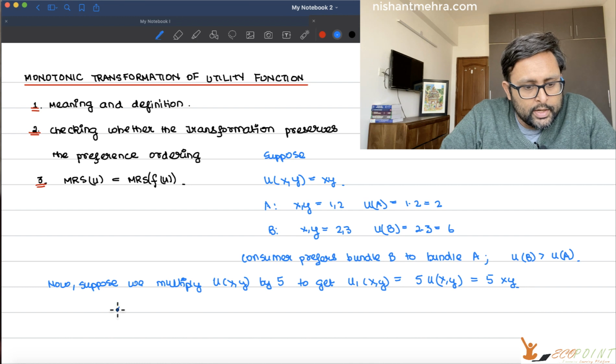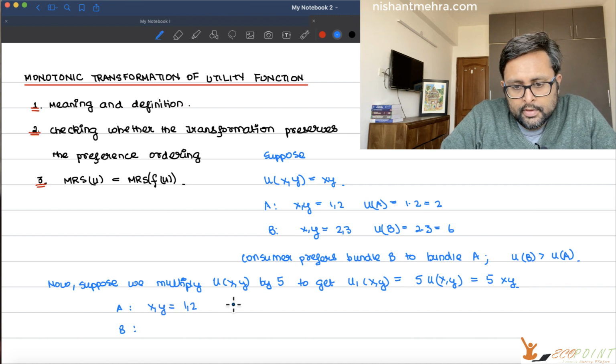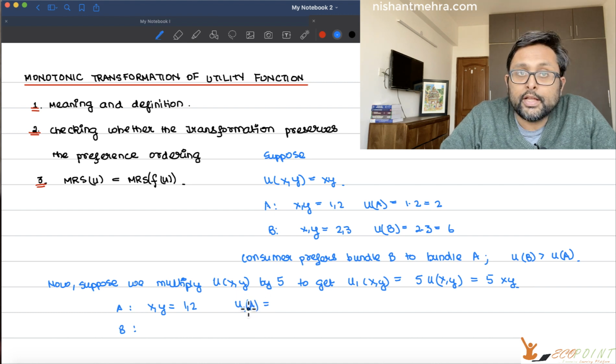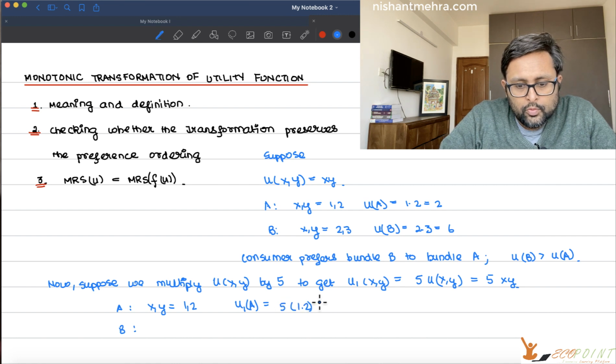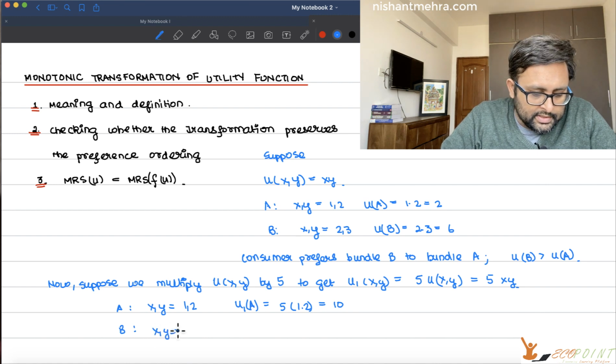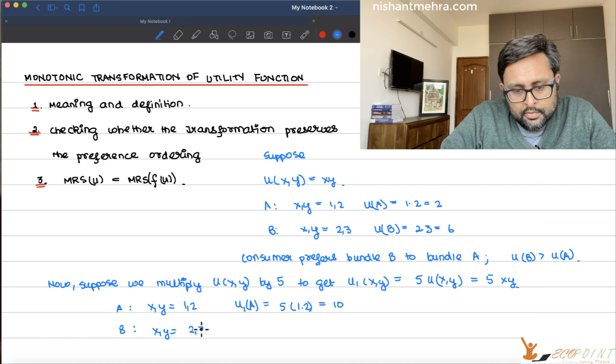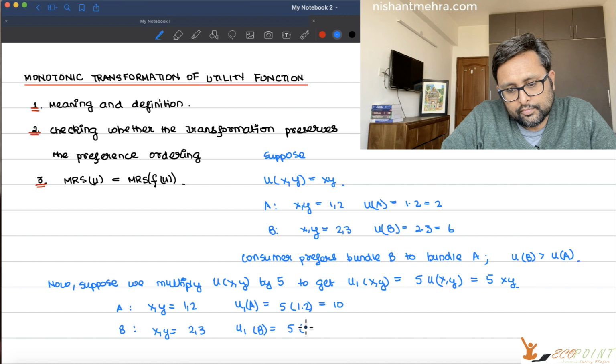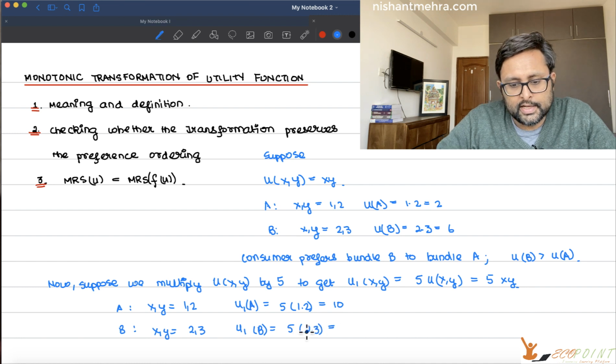Now again let us see what are the utilities which we are getting at bundle A and bundle B. So bundle A was (1, 2), and the transformed utility which you're getting from bundle A is 5 into 1 into 2, that's going to be 10. Bundle B is 2, 3. So the transformed utility which you're getting from bundle B is 5 into 6, which is 30.